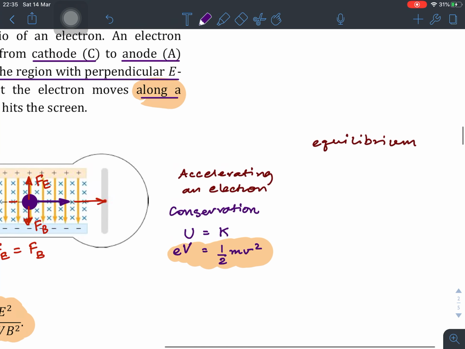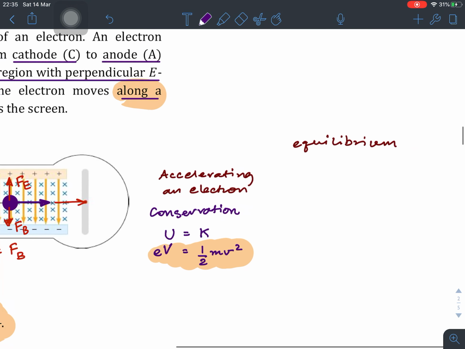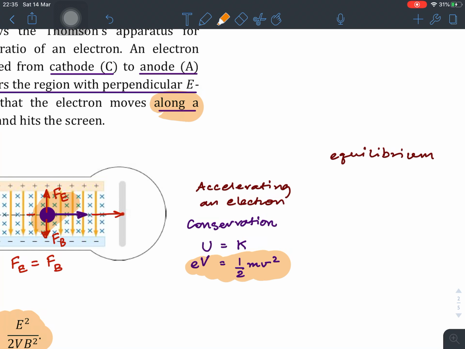And then we consider the equilibrium when the electron is moving in a straight line. To do that, the force from the magnetic field Fb needs to be equal to the force from the electric field, Fe. Fb can be written as qvB in the case that v, the velocity, is perpendicular to the magnetic field.